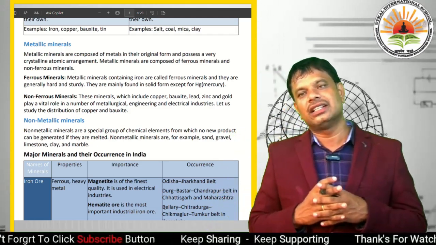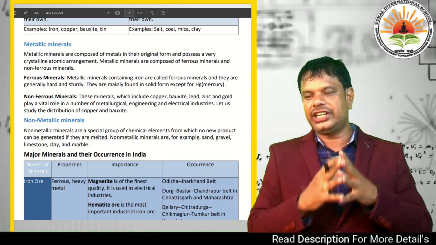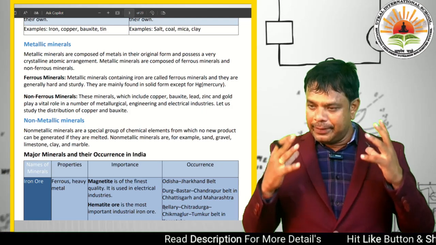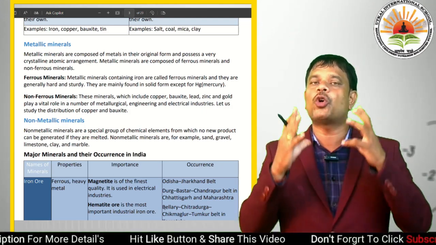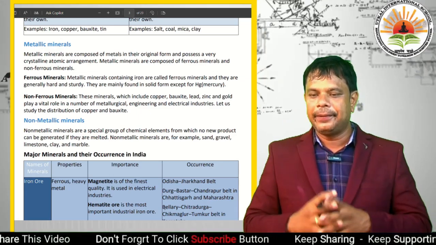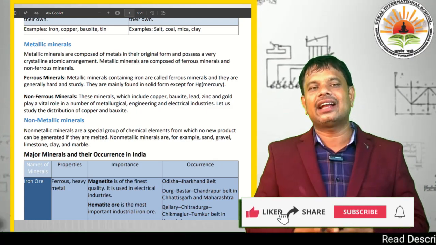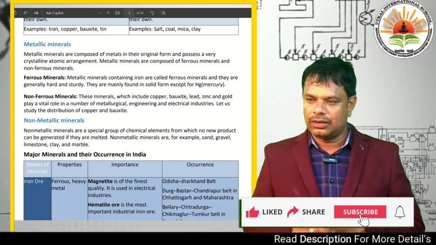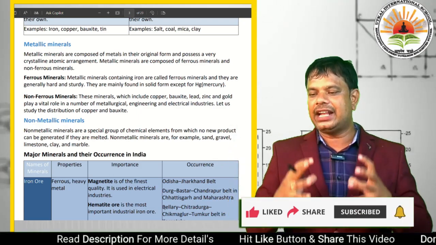Dear students, minerals used much more in engineering and electrical industries, for example sand, gravel, limestone, clay and marble, are non-metallic minerals.